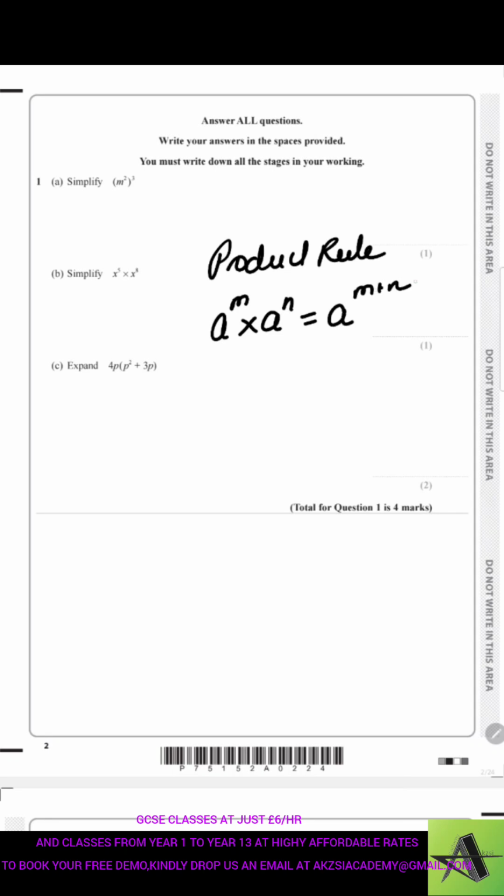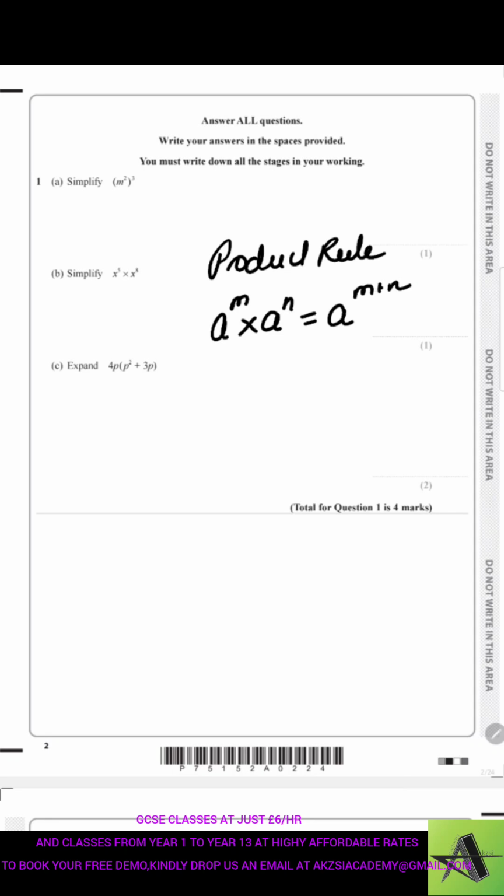So first of all, indices is a to the power of m. If a number or variable has a power over it, this is your indices. If you are doing some operations, it has some rules. So the first rule is the product rule. The product rule says a to the power of m into a to the power of n is equal to a to the power of m plus n.